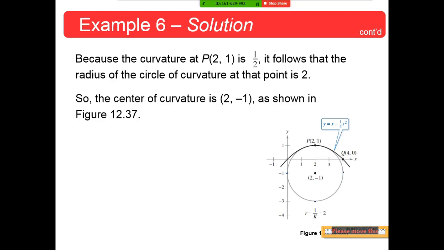Now I've got a question for you. Is this the smallest circle of curvature, largest circle of curvature, or a medium circle of curvature for the rest of this parabola, if you were to draw it? What would be your guess? Any guess?